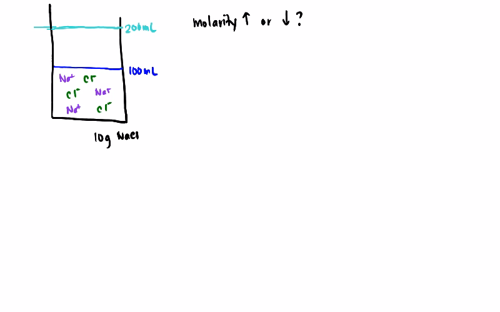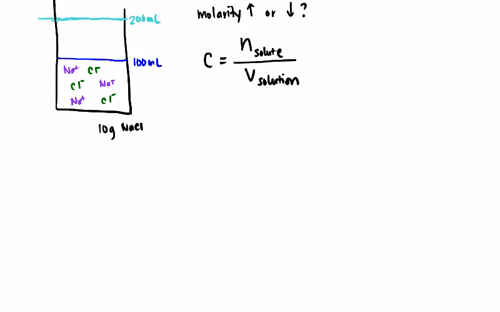We can actually calculate because remember, I've only added more solution, but the amount of solute didn't change. So using our equation from before, I can calculate the concentration is equal to the moles of the solute divided by the volume of the solution.